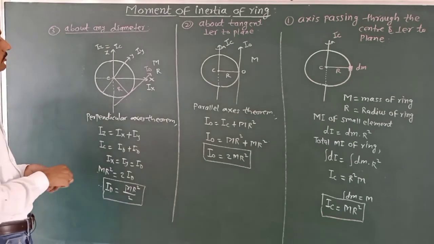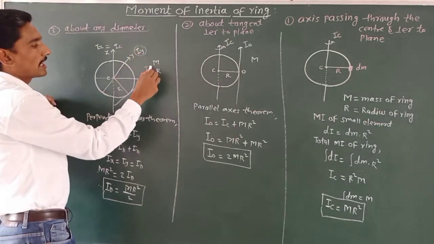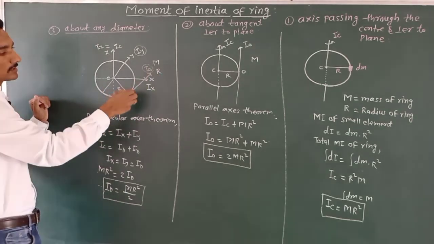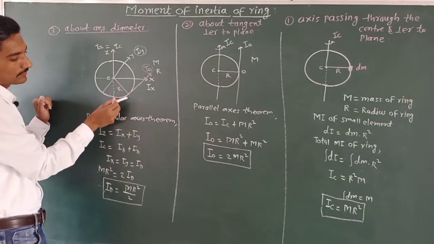Now in this case we have to use the parallel axis theorem, because Iy and IO are two parallel axes, separated by the perpendicular distance R.